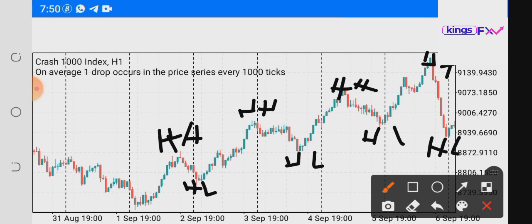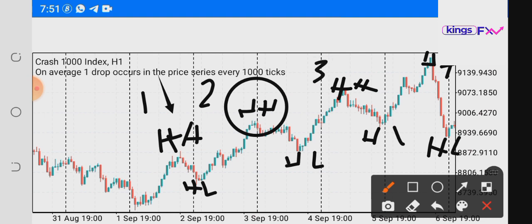Higher high means that this high here is higher than this one. That's why you see this HH, that is higher high. Let me number them: this is 1, 2, 3, 4.